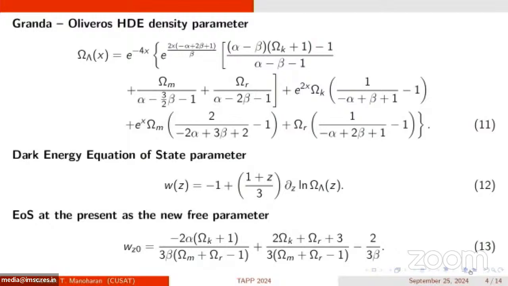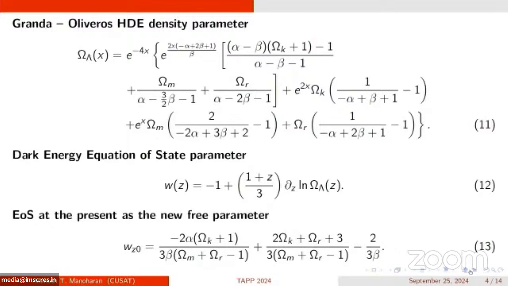But for consistency or for easy communication, instead of alpha and beta, we can have w_z0 and beta as our free parameters, the additional free parameter. And w_z0 is the present value of the dark energy equation of state, so that we can easily translate what we are getting here to other literature.